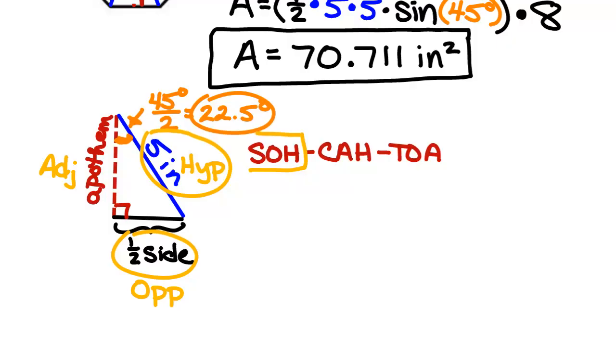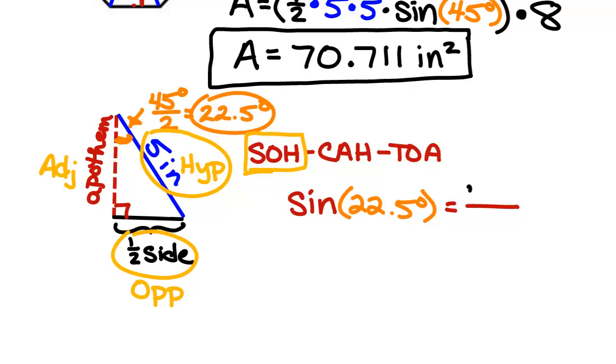Sine. Tangent uses opposite, but it also uses adjacent, which would be my apothem, and I don't know how big that is. So we have sine of my angle, 22.5 degrees, equals opposite over hypotenuse. How big is my opposite side, or do we know?